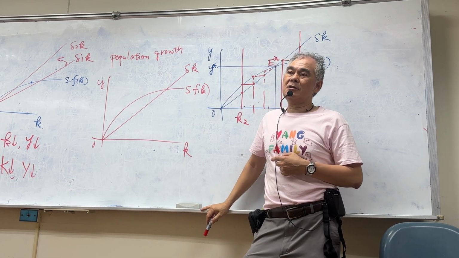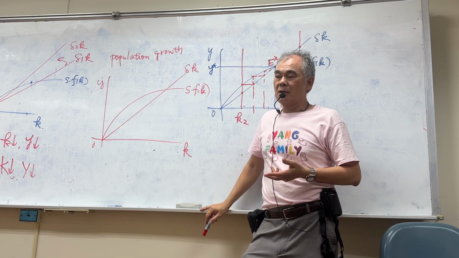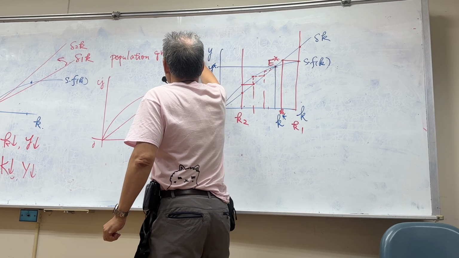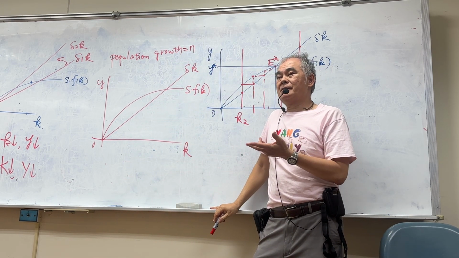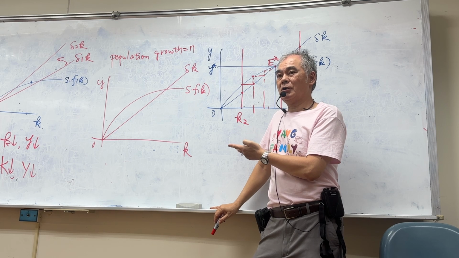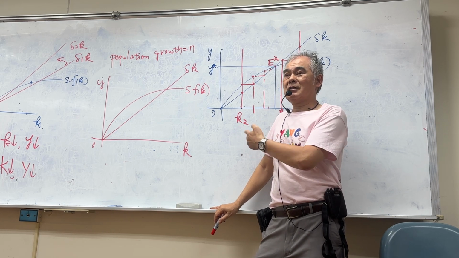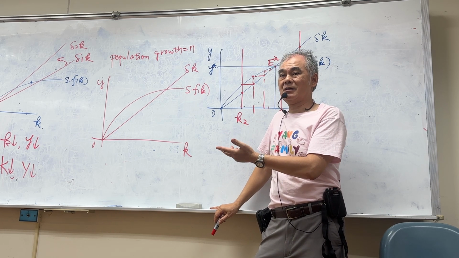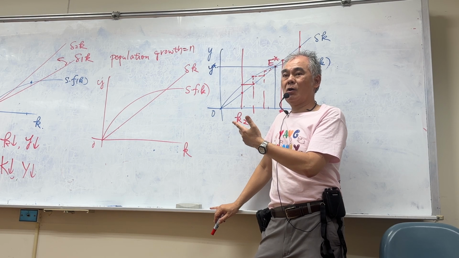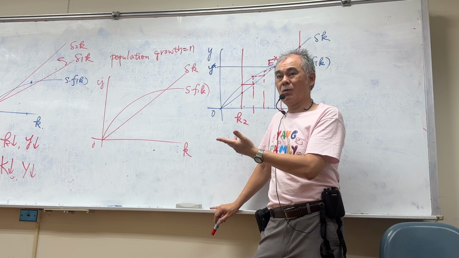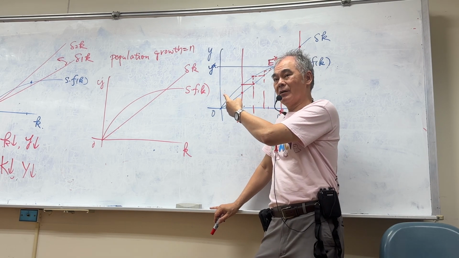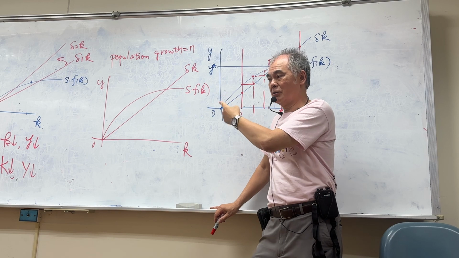So if we consider population growth, and that population growth is equal to n, what does that mean? That means in addition to the depreciation, you also need to have someone to share with the existing capital. And so what does that mean? That means each person gets a little bit less. And so it's the same thing as higher depreciation rate.